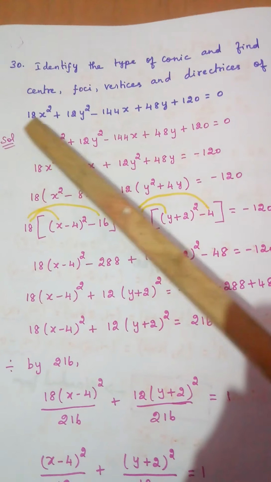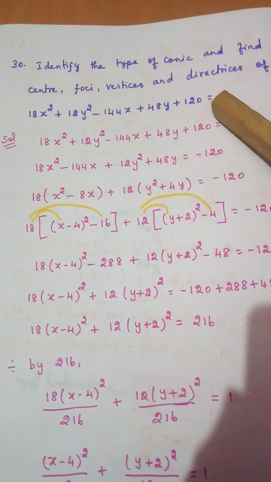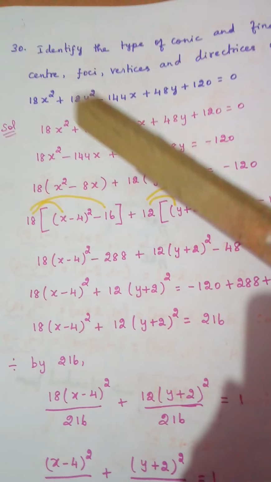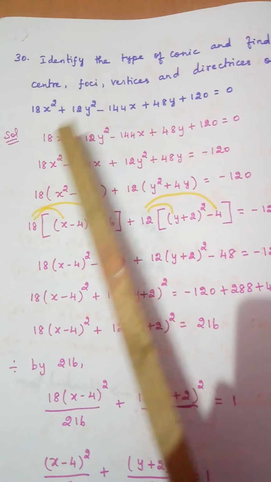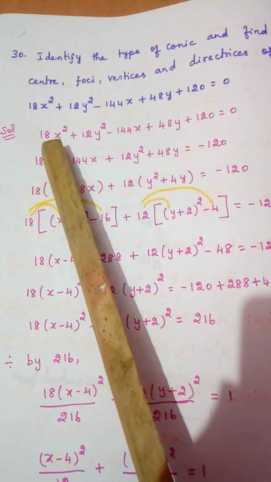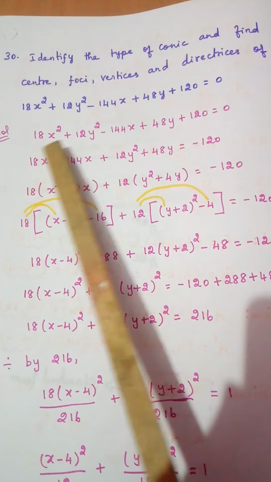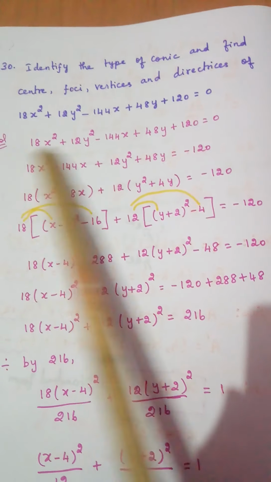Since the equation is in a slightly different format, listen carefully to what we have to do. What I have done here is just written the same equation which was given to us in the question.